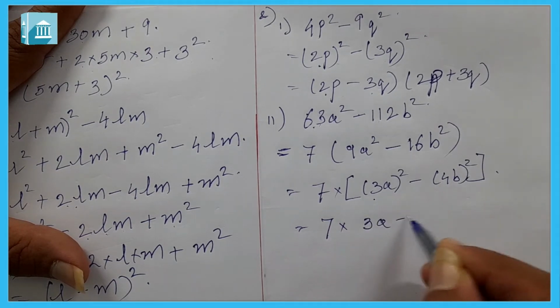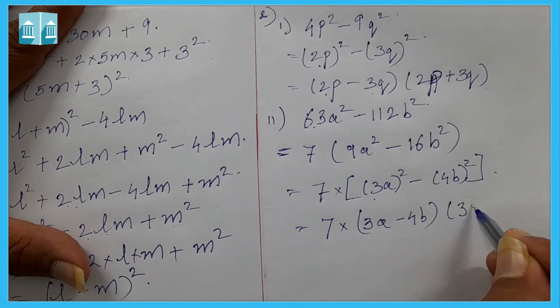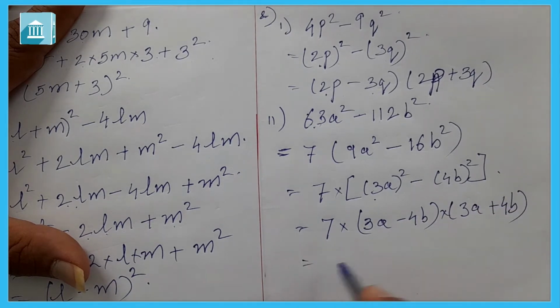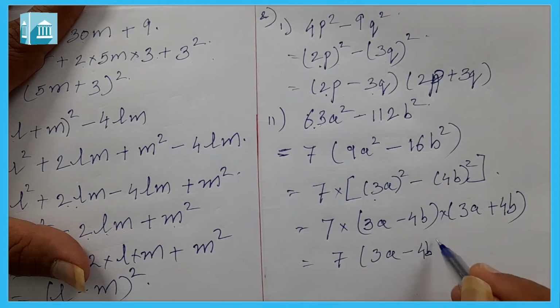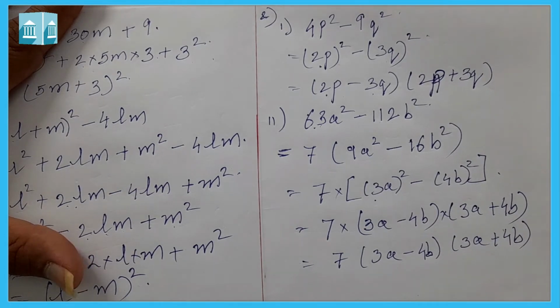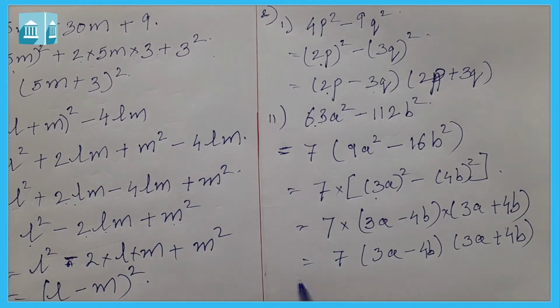So we can write 7 into 3a minus 4b into 3a plus 4b. So the factorization of 63a square minus 112b square is 7 into 3a minus 4b into 3a plus 4b. Now let us do question number 5.